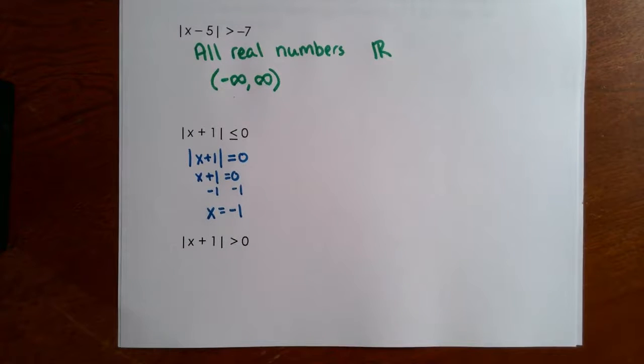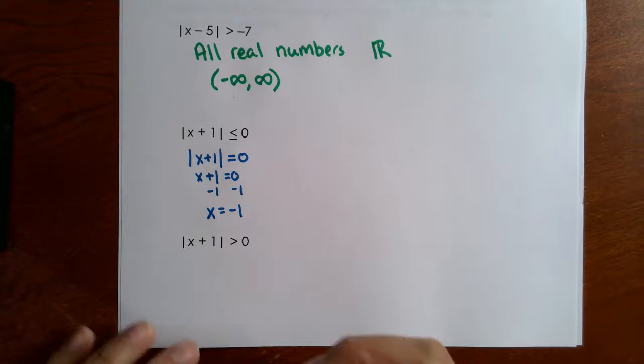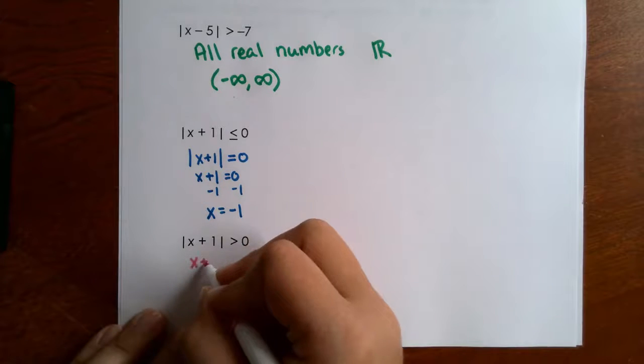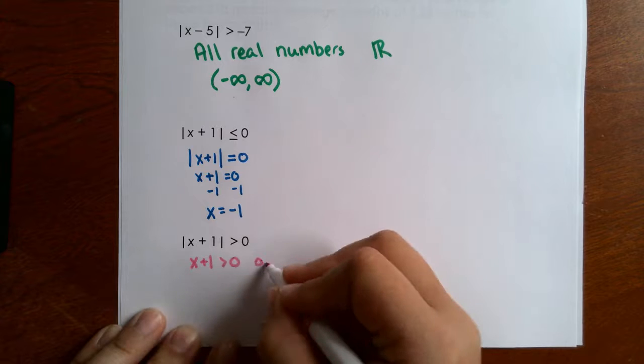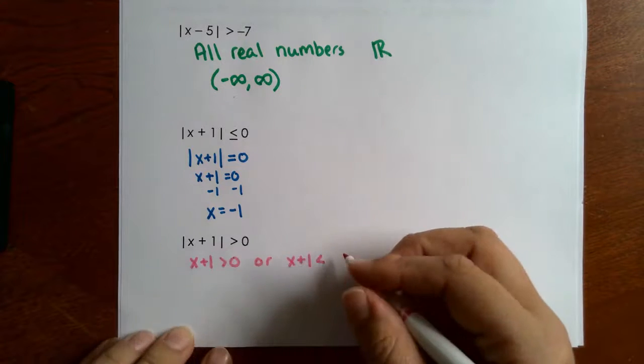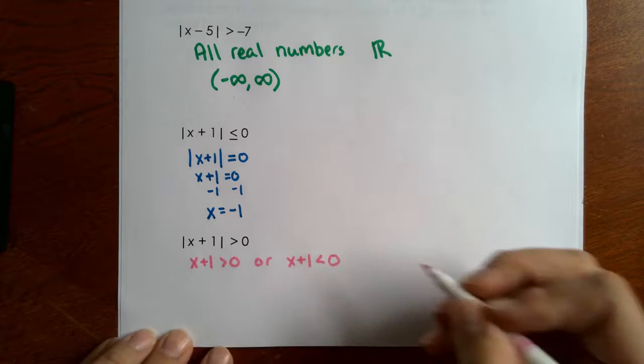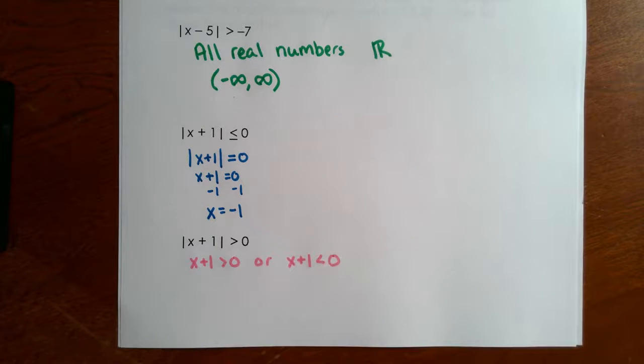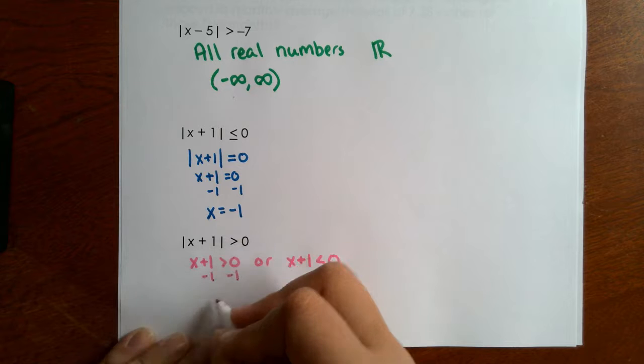And this last one, x plus 1 is greater than 0. So we solve it. A greater than is an or situation. So x plus 1 is greater than 0, or x plus 1 is less than negative 0. Negative 0 doesn't exist, so just 0. We solve each of these exactly the same. Subtract 1.